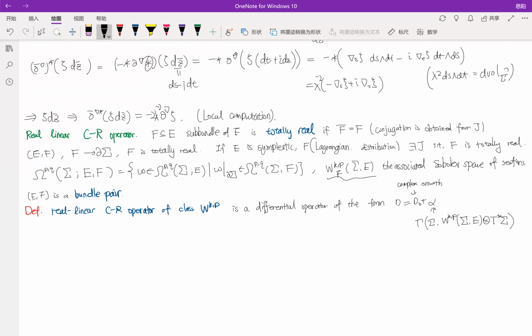No, we need to let alpha be a 0,1 form tensored with the endomorphisms of E over R. So with such an alpha, D is in general not complex linear.